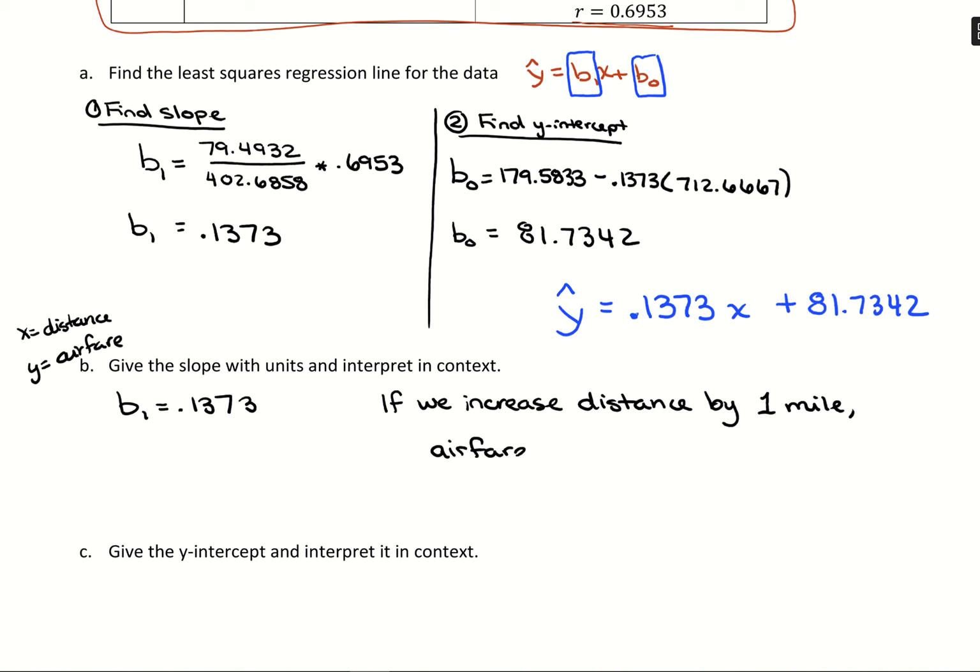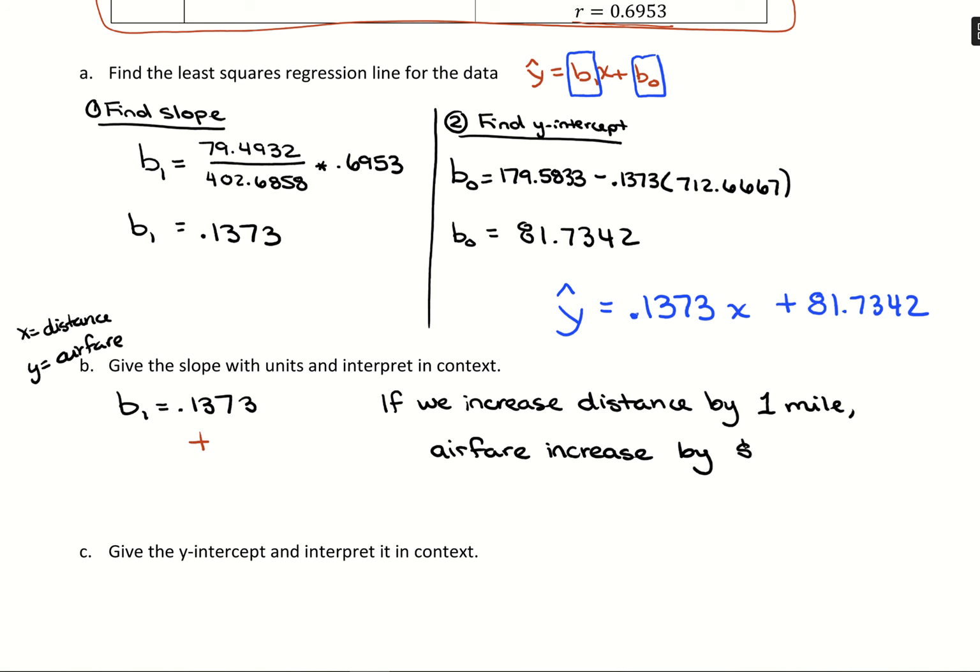Airfare is going to increase or decrease. It depends on whether the slope is positive or negative. We have a positive slope, so airfare is going to increase by, and then what our slope is in units, which in this case, it's money. Like airfare is in terms of dollars.